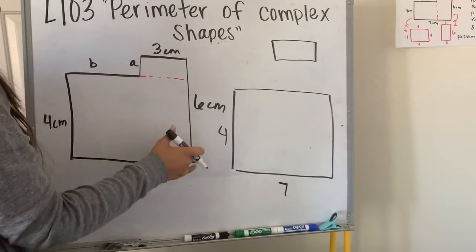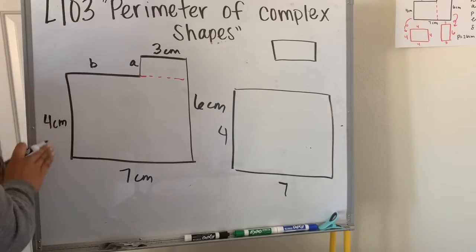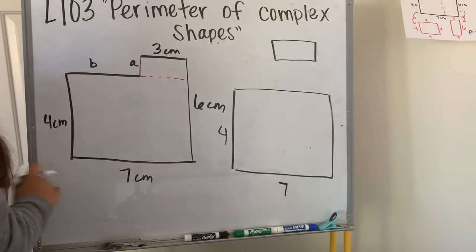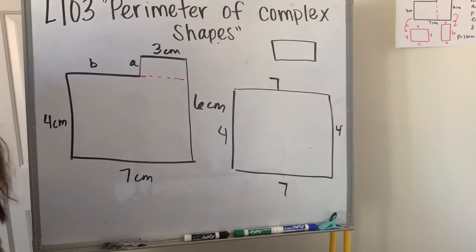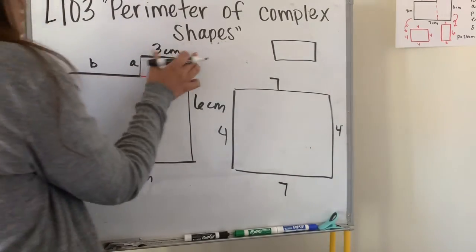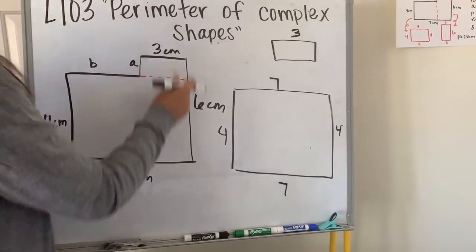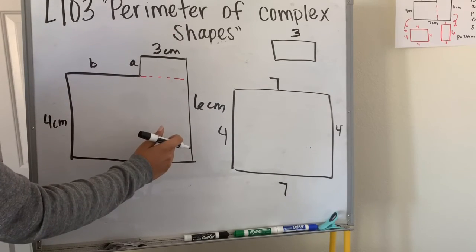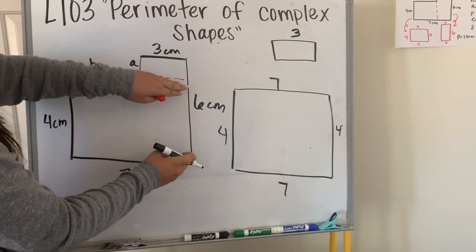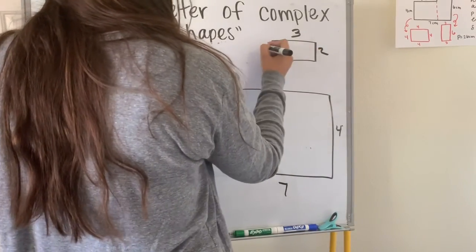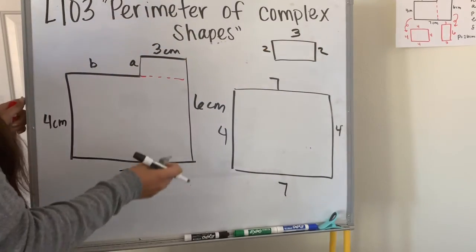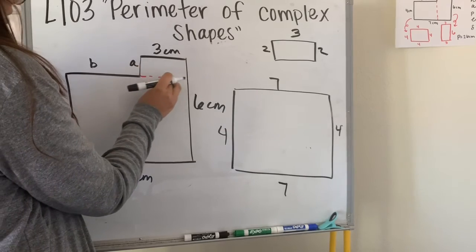This whole thing is 6, but I took this part off, so it's going to be the 4 over here. 7, 4. Okay, now I know this little bit is 3, but if this whole thing was 6, and the bottom part is 4, what's the smaller part going to be? Good, it's going to be 2.